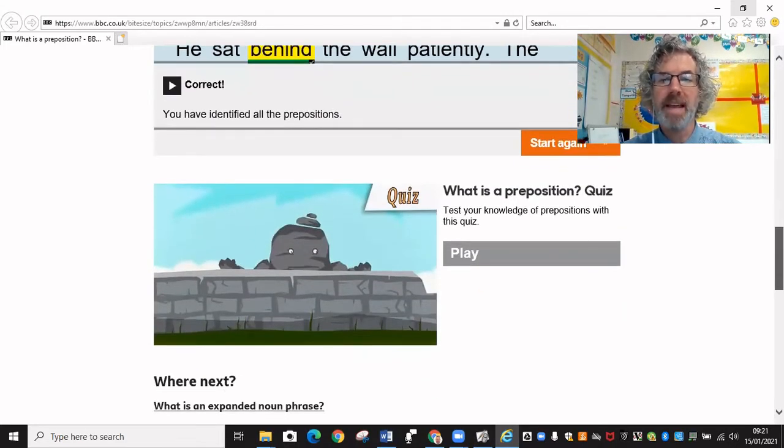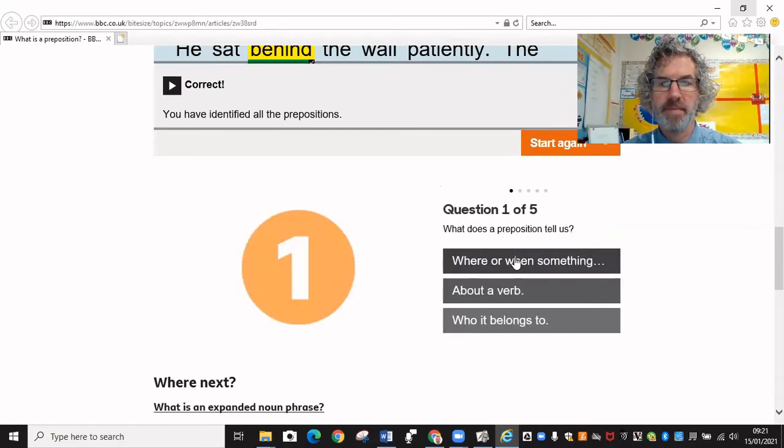Have a go at playing this quiz. Keep a score for yourself. Question 1. What does a preposition tell us? Is it where or when something? Is it about a verb? Or is it who it belongs to? Pick one.